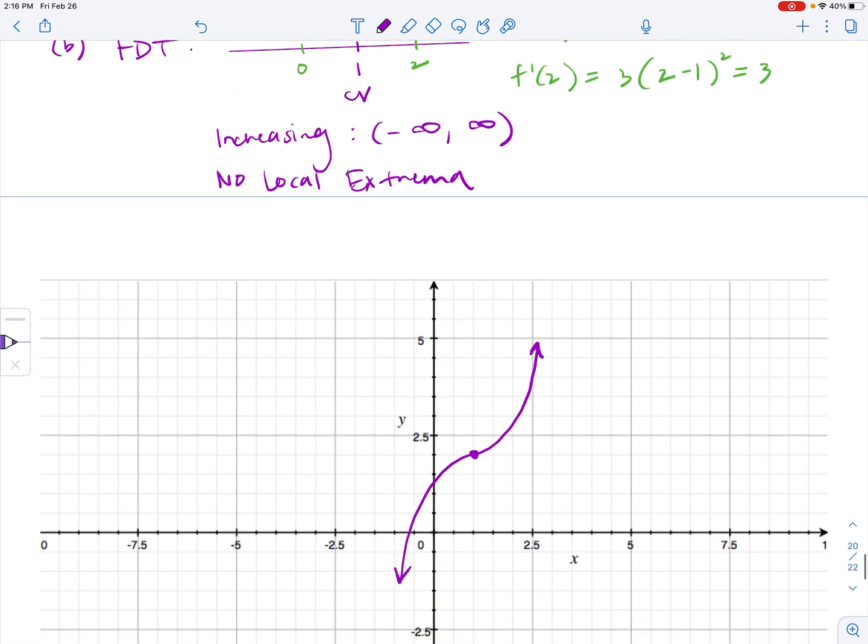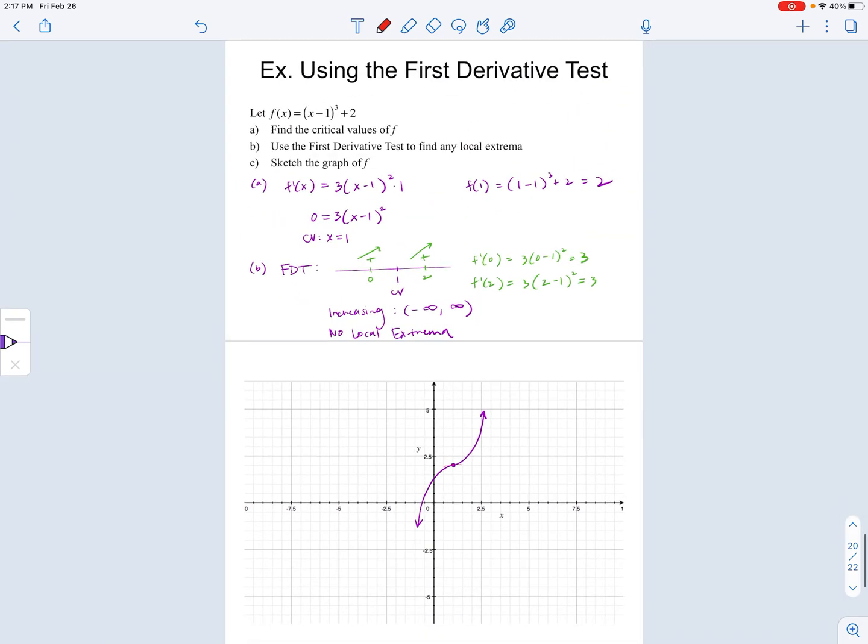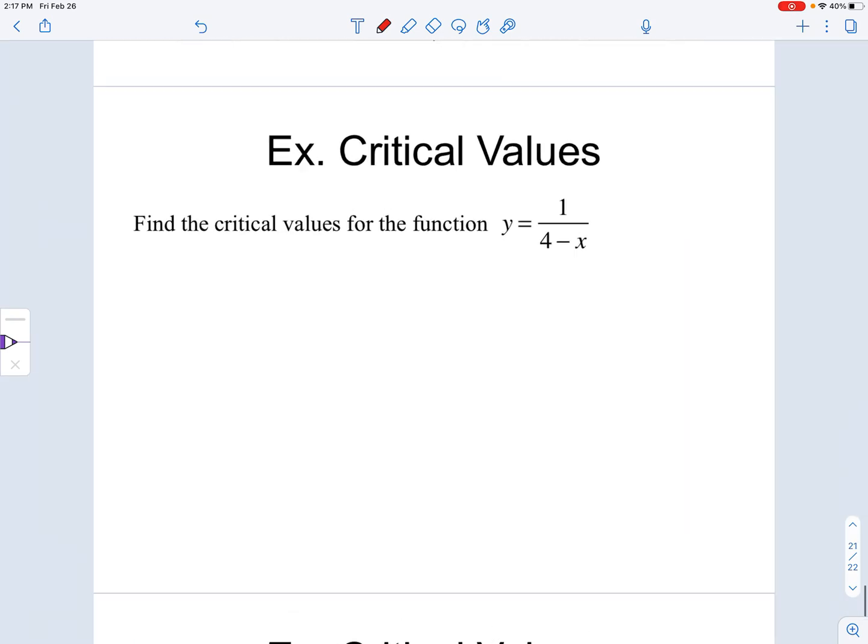That gives you an idea. You guys are familiar with these types of functions. That gives you a little bit of an idea of what this graph should look like, which would be kind of something like that, right? Where there's a horizontal tangent line just at the point 1, 2.